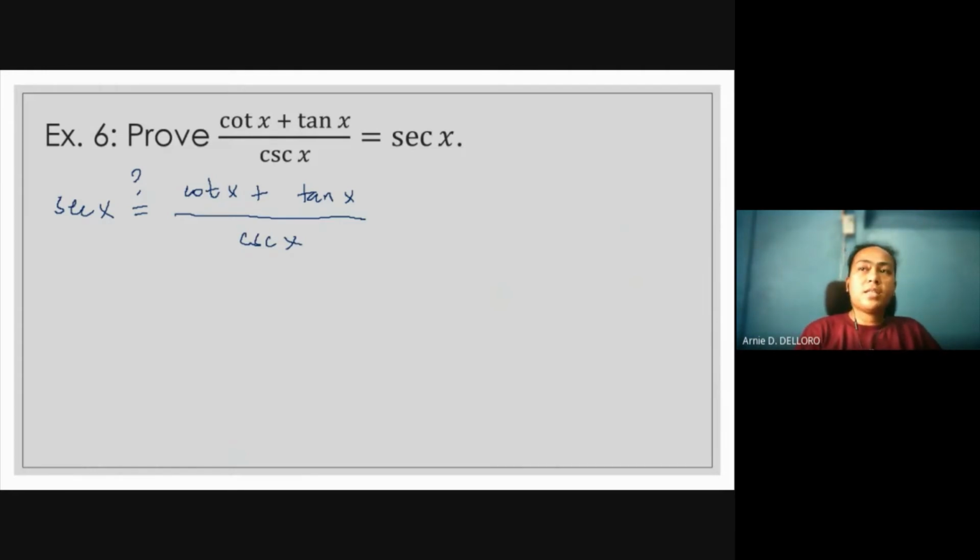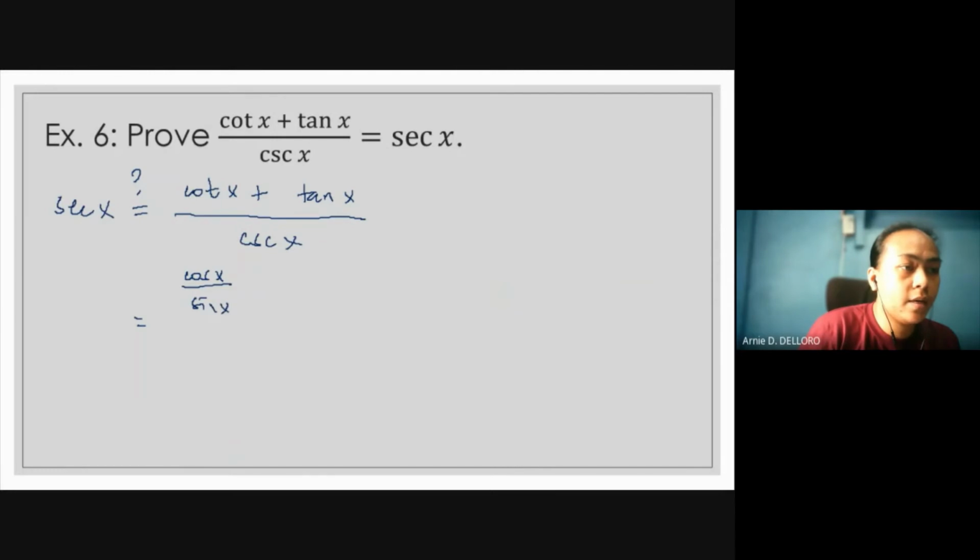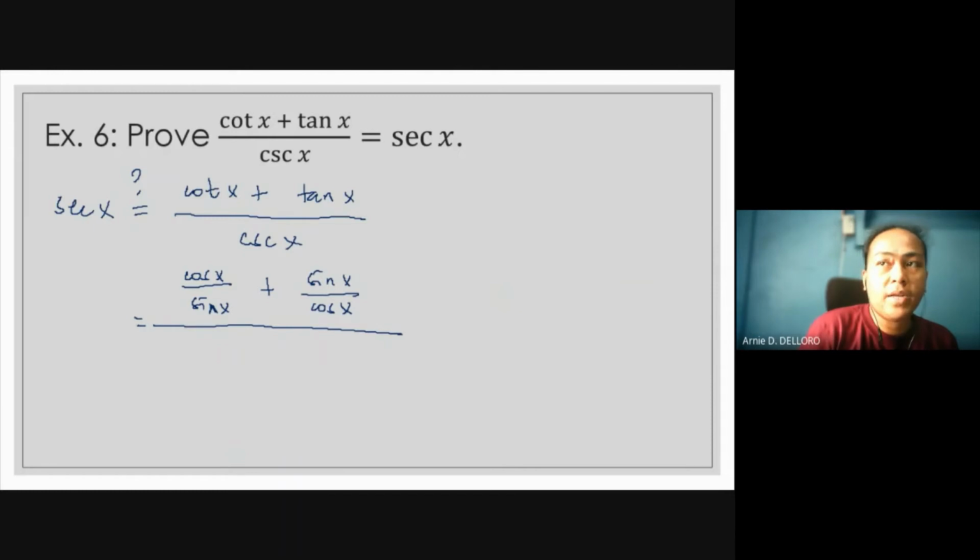Yung cotangent x at tangent x na nasa numerator, pwede natin siyang i-express using their equivalent quotient form. Okay po. So, yung cotangent is cosine x over sine x plus sine x over cosine x, all over cosecant x. Or pwede na din natin kunin yung reciprocal identity ni cosecant x, which is 1 over sine x.